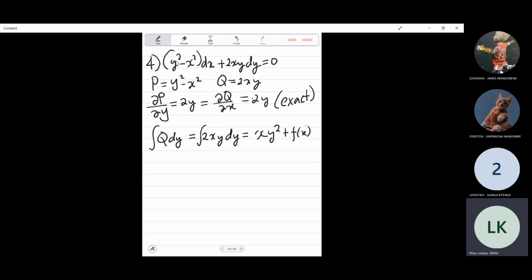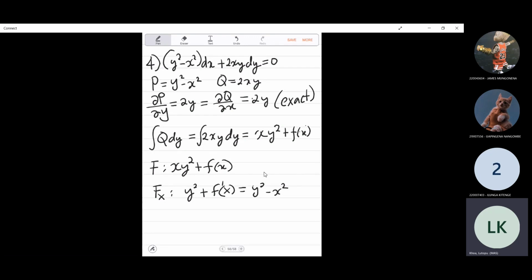So you can say our f will look like this, x y squared plus some function that has only x terms. Then I differentiate with respect to x. What I get is y squared plus f prime of x, and this must be equal to y squared minus x squared, which is p over here.